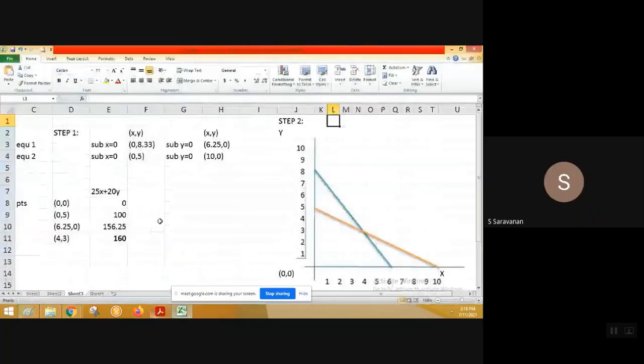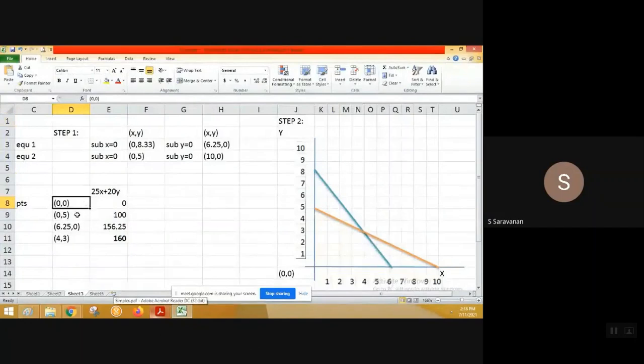Okay. Fine. I have taken those points 0, 0, 0, 5, 6.25, 0 and 4, 3. In your question, the objective function is max z equal to 25x plus 20y. So just substitute x and y. For 0, 0, it will be 0.